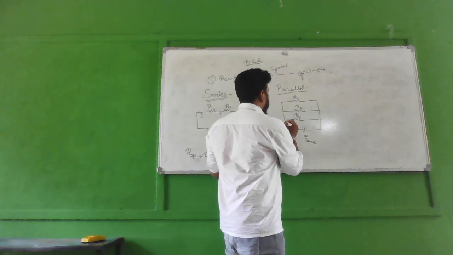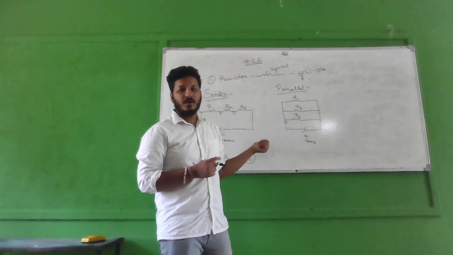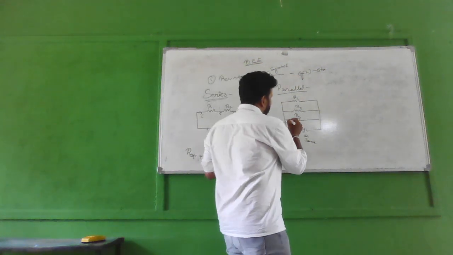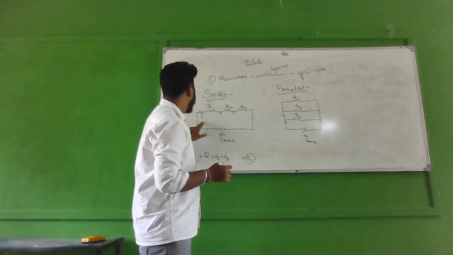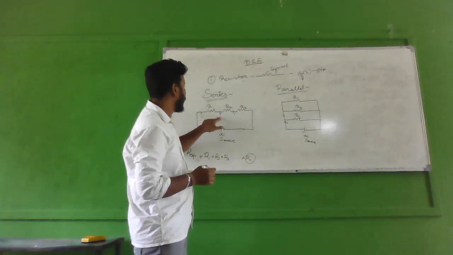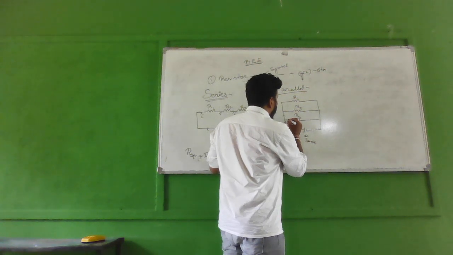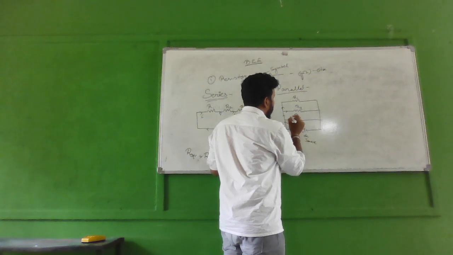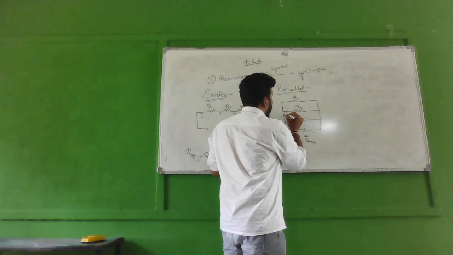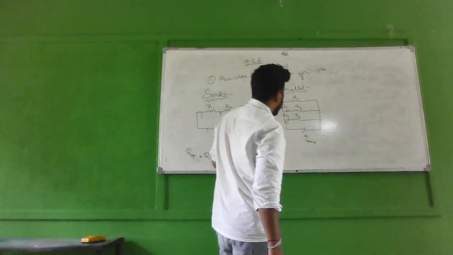The current here is not constant for each resistor; the total current is I, and this is I1, this is I2, this is I3, this is I4.